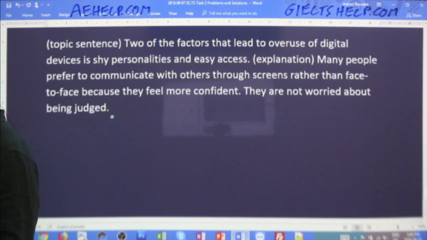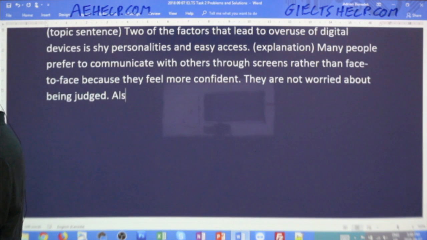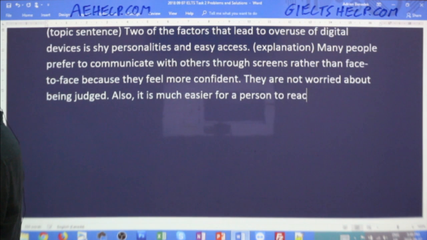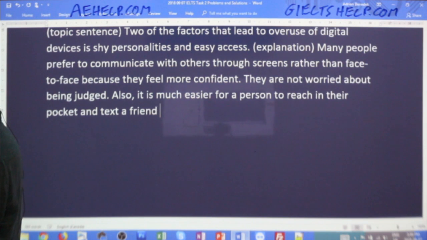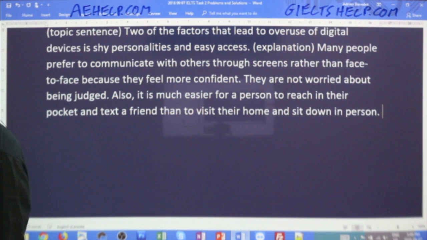Also, it is much easier for a person to reach in their pocket and text a friend than to visit their home and sit down in person.